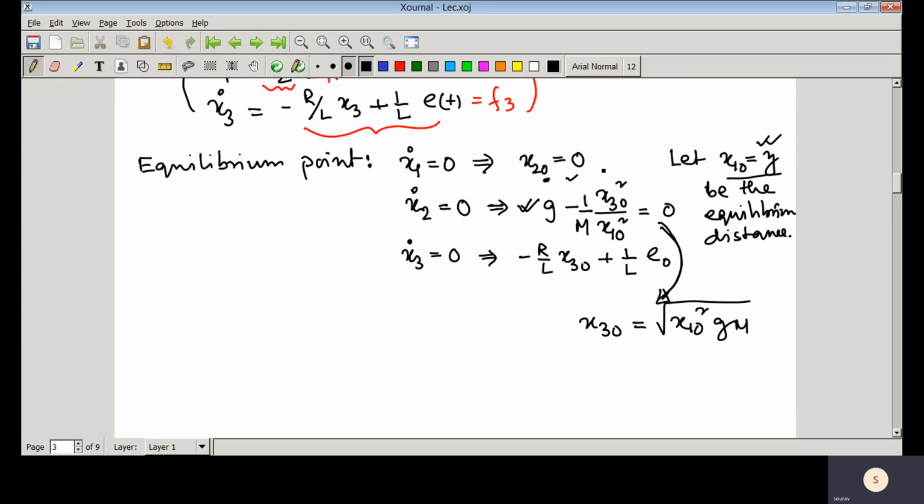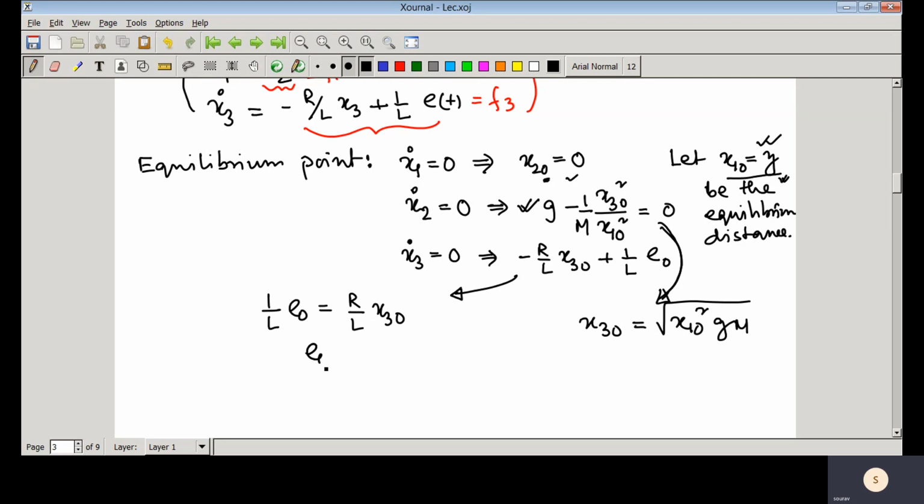So now we'll be just applying this, and from here you can also find the voltage you need to get that distance. From this particular equation you get 1 by L E0 equal to R by L x30.